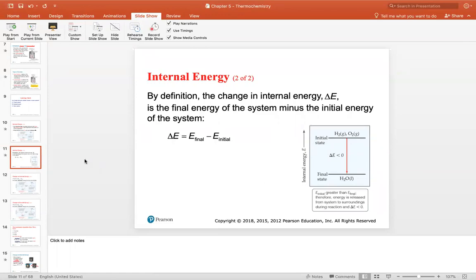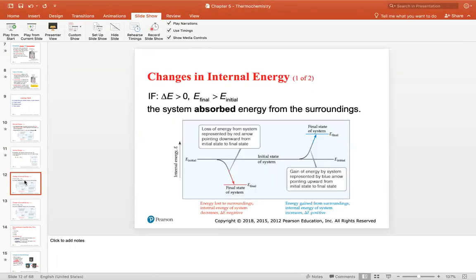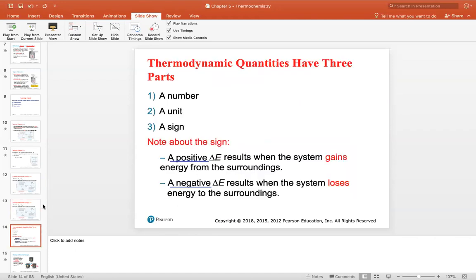If heat is absorbed, it is an endothermic reaction. So positive delta E means heat is getting in. If delta E is greater than 0, anything greater than 0 is positive, it is an endothermic reaction.